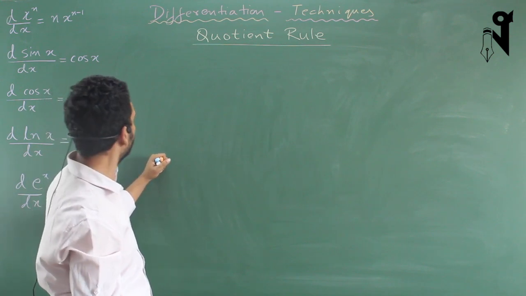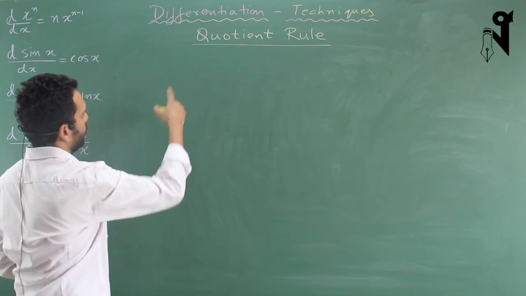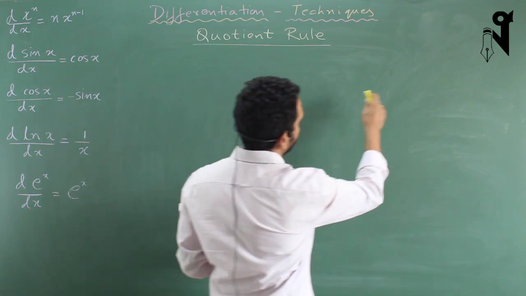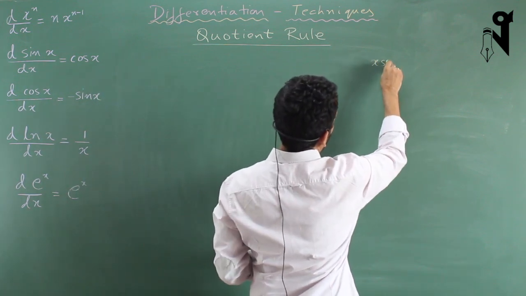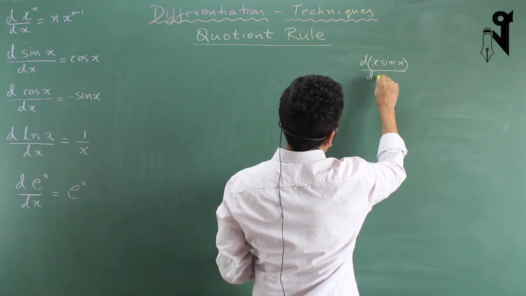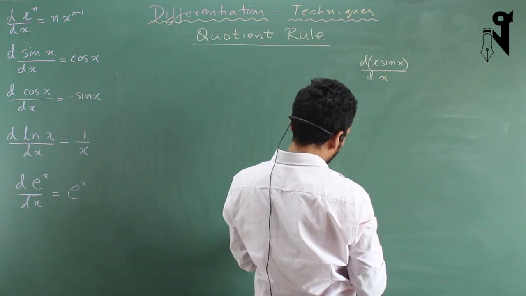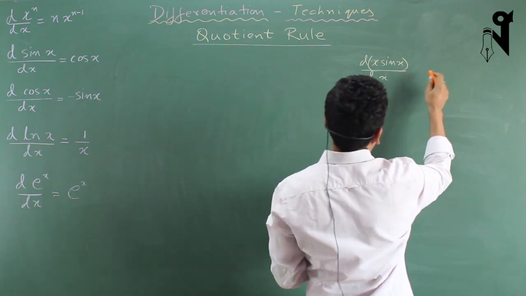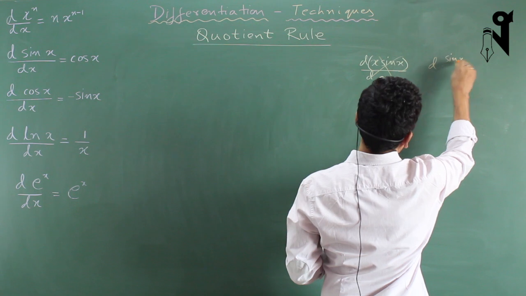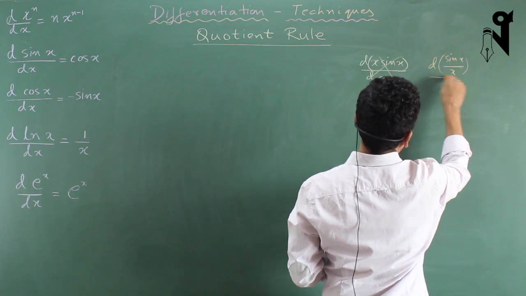So quotient rule is, as the name suggests, if you have something by something. Instead of d of x into sin x, what if the question was d of sin x by x?